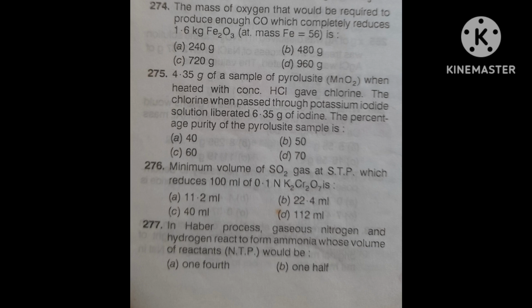Here you have to write the reaction between carbon and oxygen. Carbon and oxygen will give carbon monoxide. 2C plus O2 will give 2CO. And this CO must neutralize Fe2O3, means it should completely react with Fe2O3.